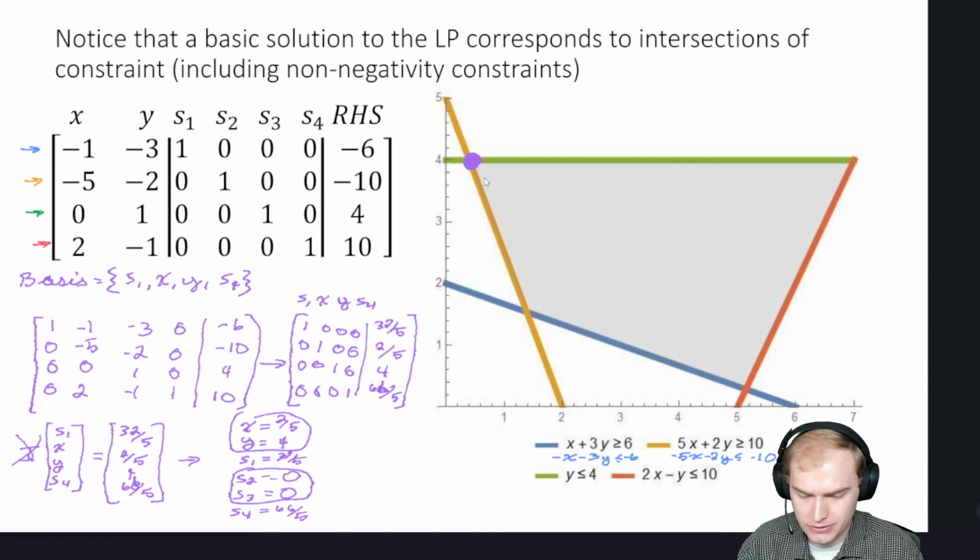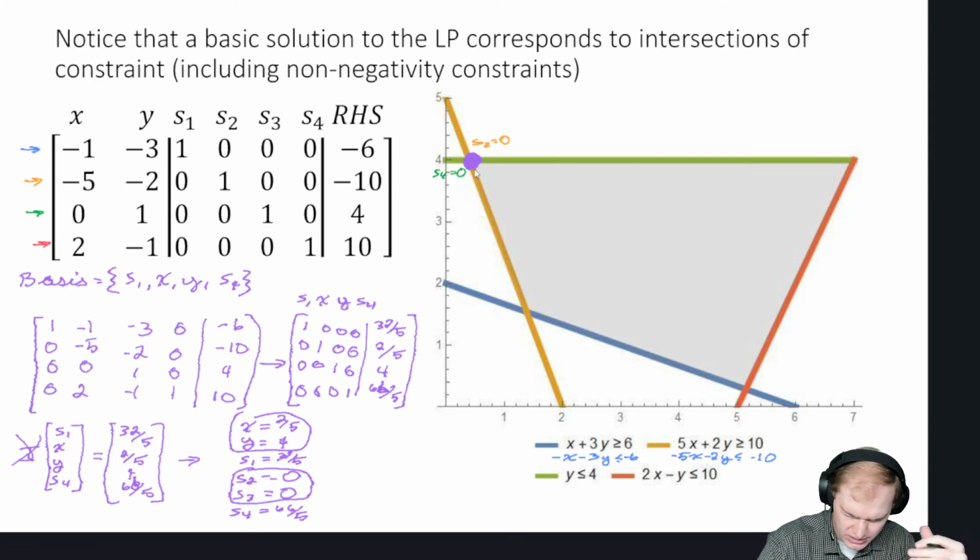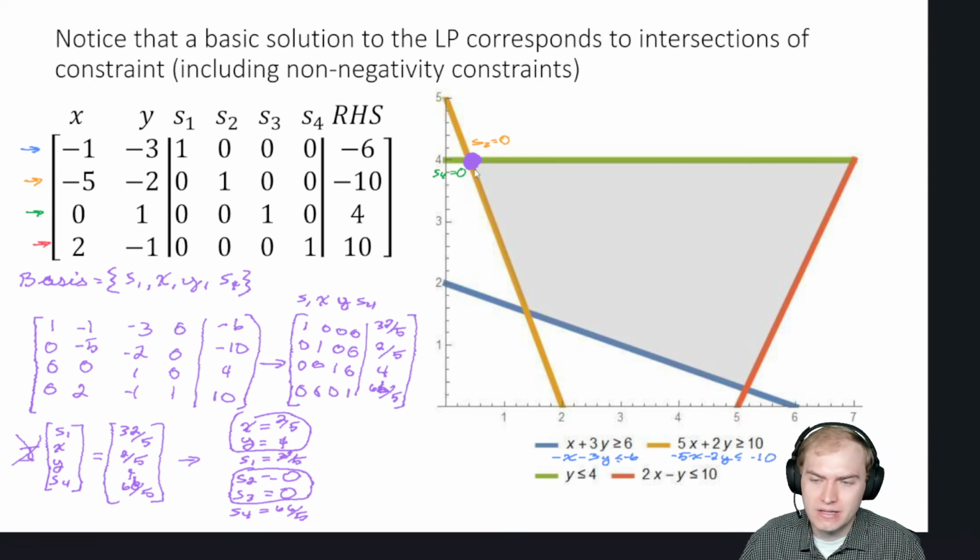S2, of course, corresponding to the yellow, and S4 corresponding to the green. What that means is that the distance between our basic solution and the hyperplane that is that constraint is 0.